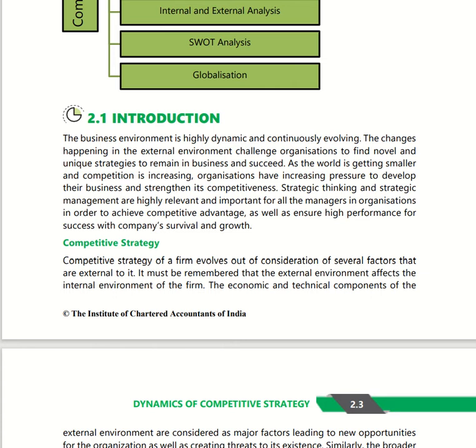Correct? And sometimes the internal environment also has an effect on the extent of impact the external environment can have on the person. For example, if the person happens to be very weak physically, but still picks up physical exercising on a regular basis, then eventually the person develops immunity, correct?